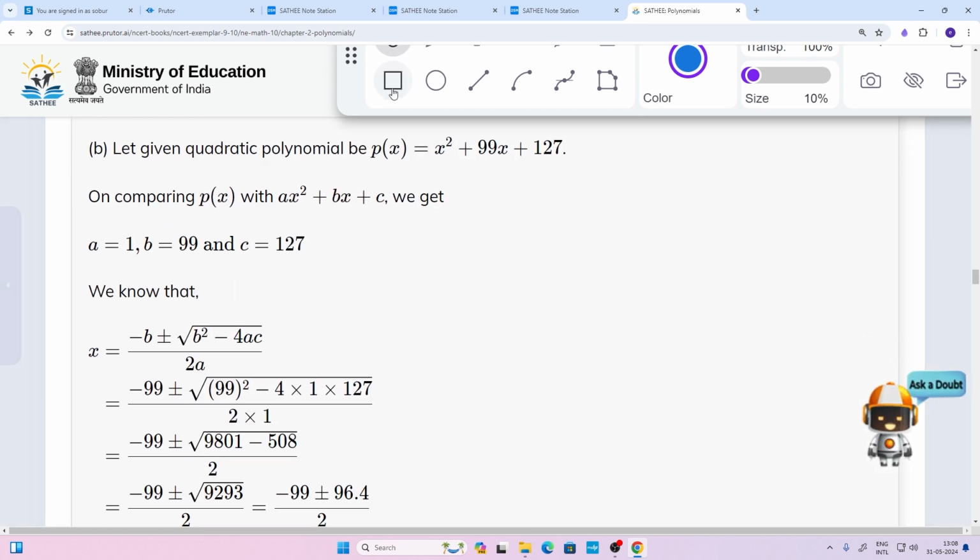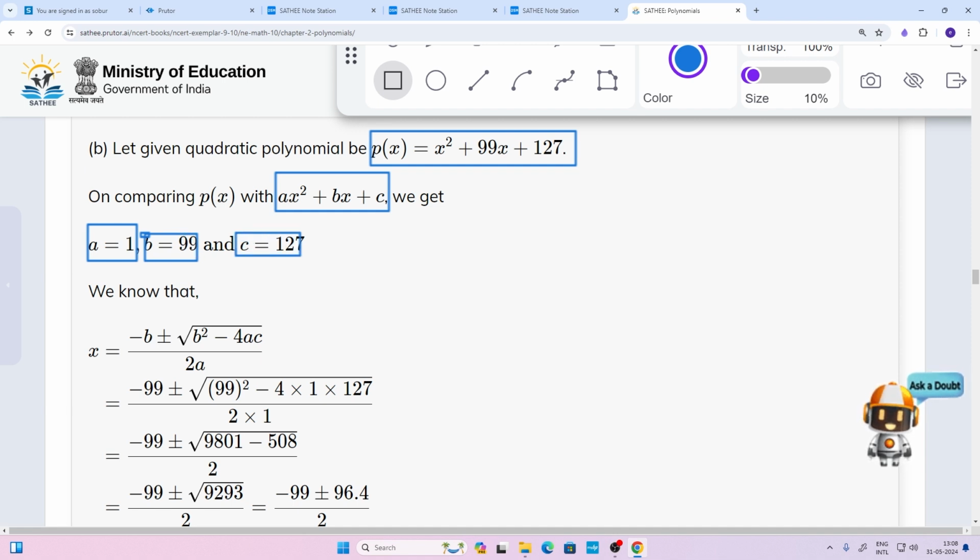Here we let the given quadratic polynomial be p of x equal to x square plus 99x plus 127. Comparing p of x with ax square plus bx plus c, we get a equal to 1, b equal to 99, and c equal to 127.